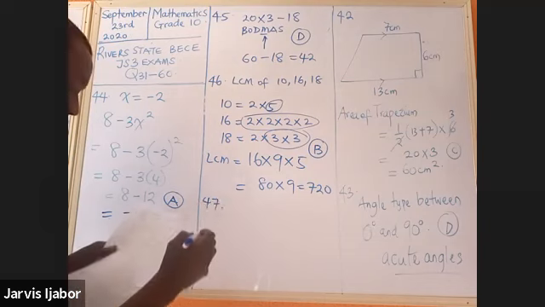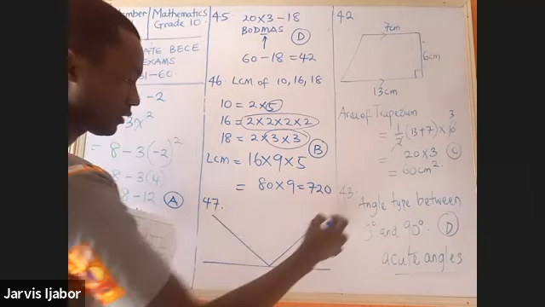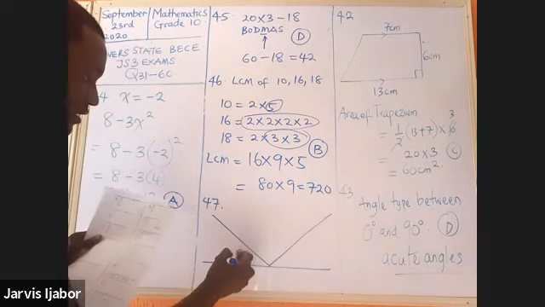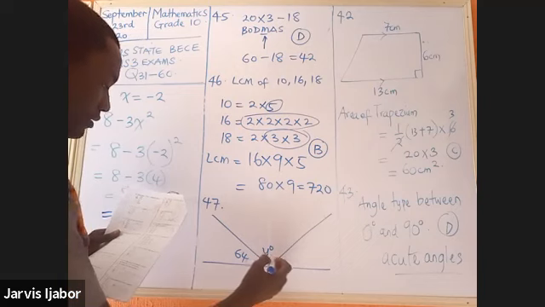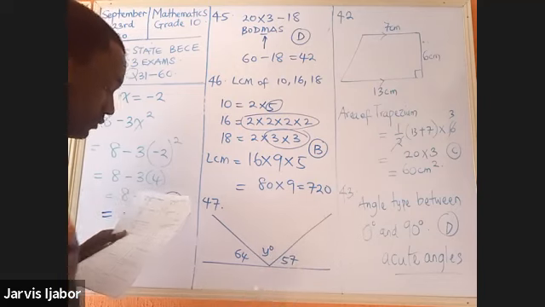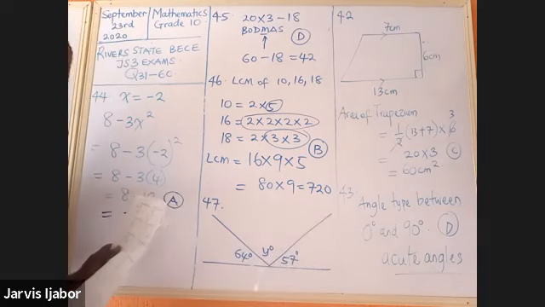Let's go to question 47. You have angles on a straight line. You have 64, you have y, and you have 57. Are you seeing that?